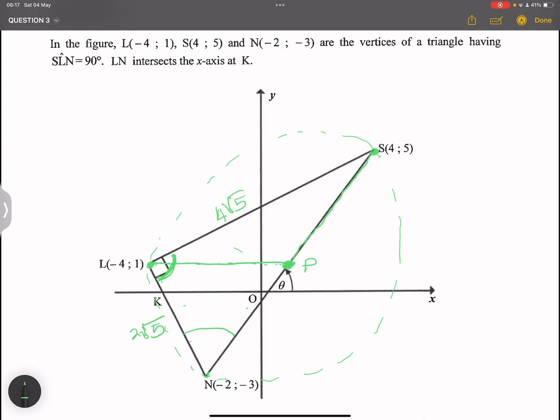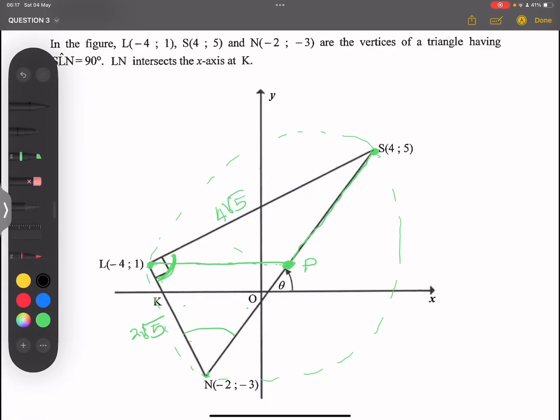Now, if you think about it, if we looked at it as a circle, actually, quite interesting, ladies and gents, I'm sure you can see what happens. We can apply angle at center because both of them are subtended by the chord LS.